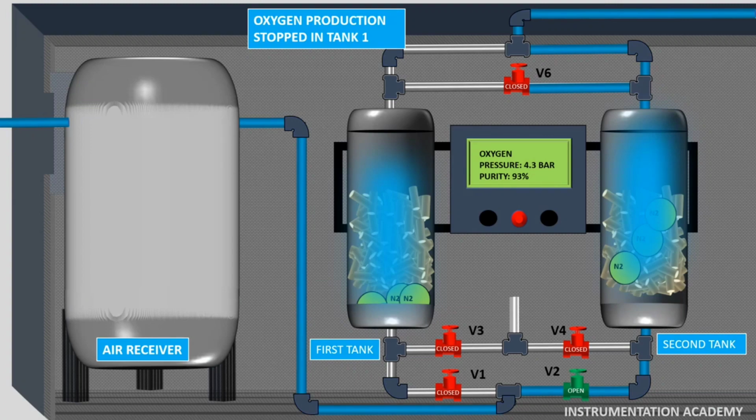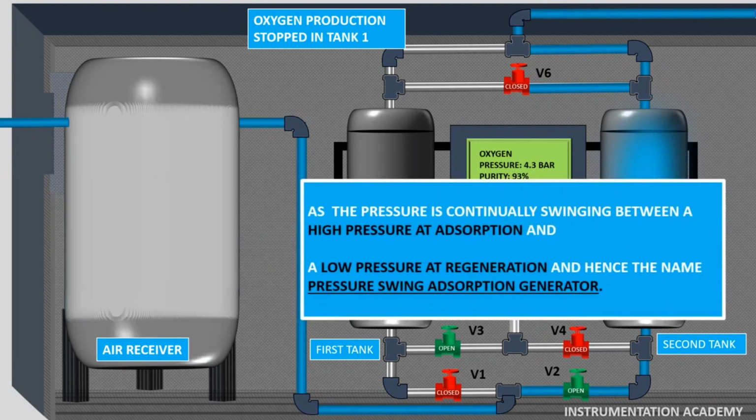This released nitrogen is vented out from the system through valve V3 and the zeolite becomes regenerated. By doing that, the system makes room for new nitrogen molecules to attach to the zeolite in the next adsorption phase. These operations are alternately repeated in both the tanks, and the pressure is continually swinging between a high pressure at adsorption and a low pressure at regeneration, and hence the name pressure swing adsorption generator.